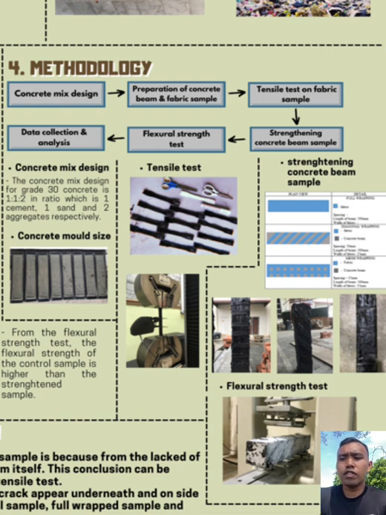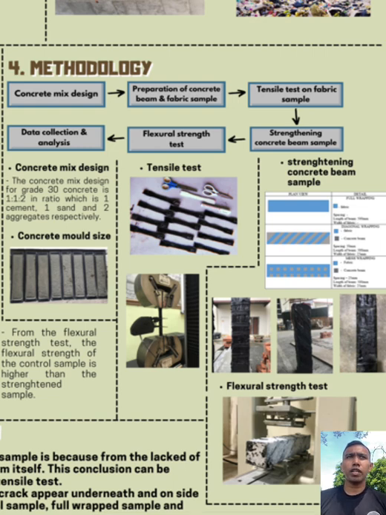After completing the tensile test of the fabric sample, with the chosen type of fabric and the chosen layer, we use the fabric to strengthen the concrete beam sample. To strengthen the concrete beam sample, we use 3 types of wrapping, which are full wrapping, diagonal wrapping, and mesh wrapping.